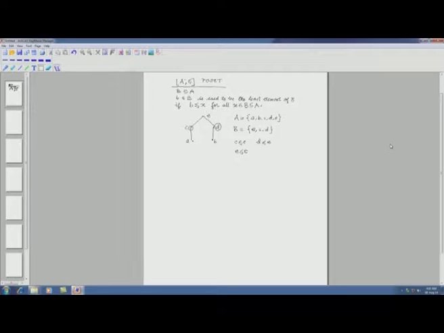Therefore, this is an example of a subset which does not have a least element.